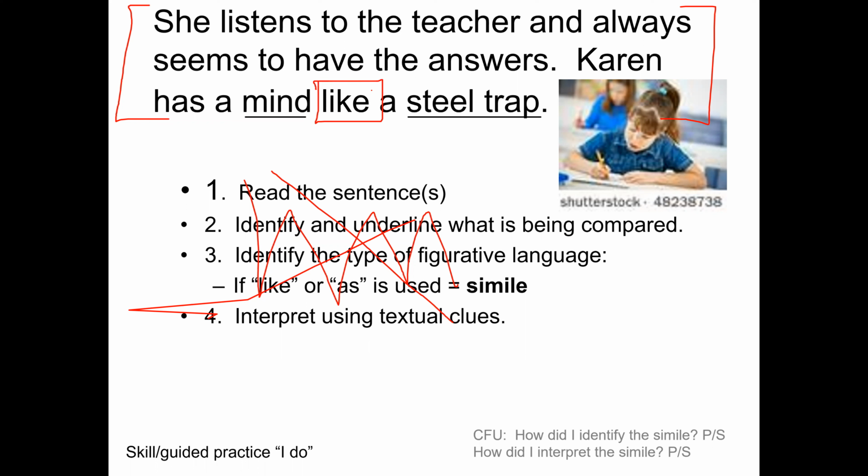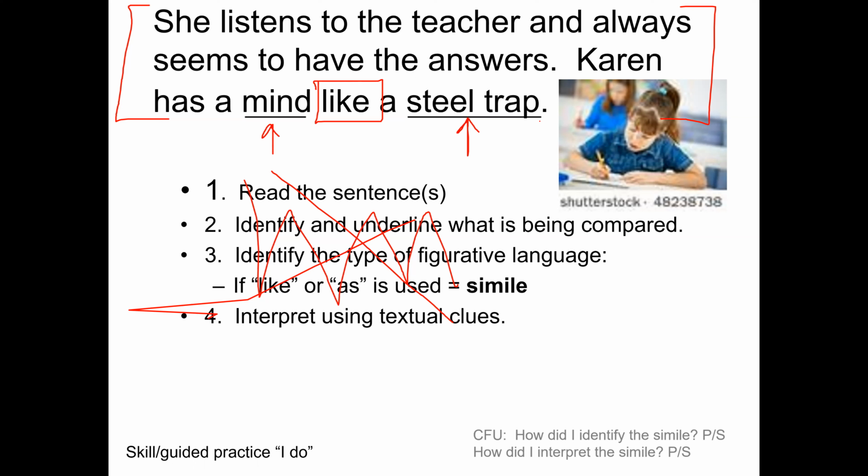So the first thing we do is identify the two things being compared: her mind and a steel trap. The third thing is to see if it's a simile, which it is because it has the word like. The last step is to interpret using textual clues.